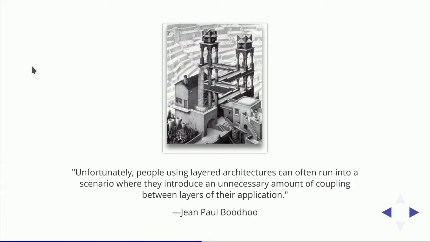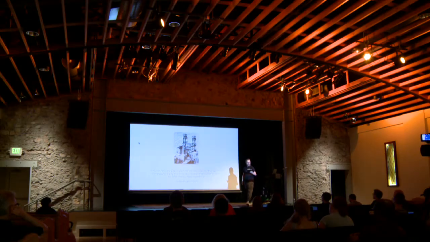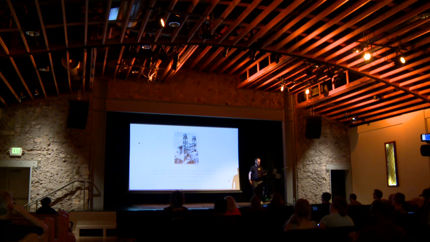And yes, I mean Ruby on Rails with this. To quote Jean-Paul Baudou, unfortunately, people using layered architectures can often run into a scenario where they introduce an unnecessary amount of coupling between the layers of their application. As a result of this tight coupling, layered architectures are often hard to scale, reuse, and refactor.